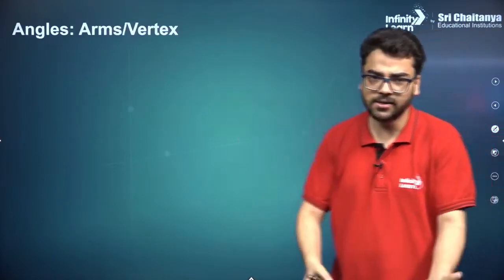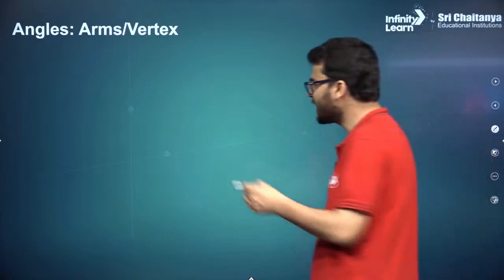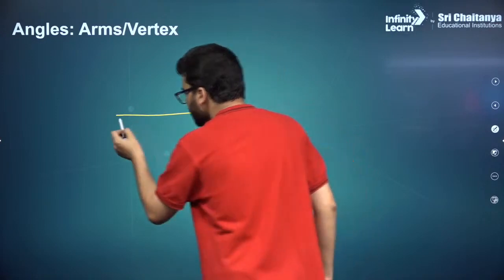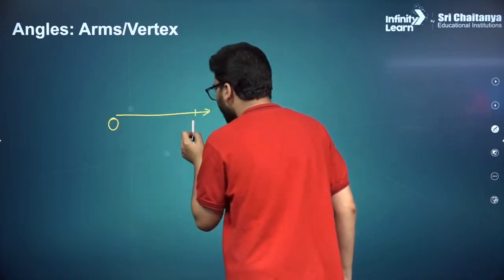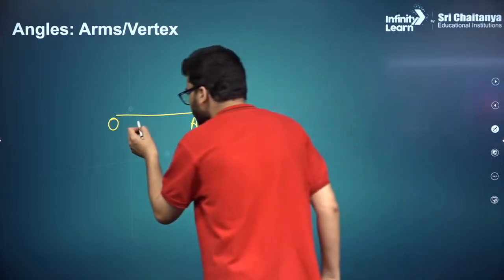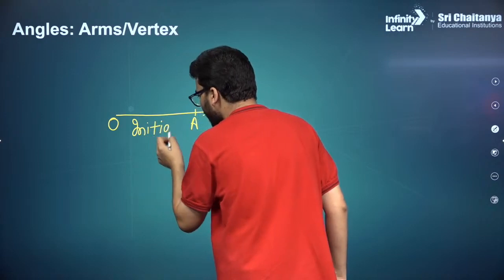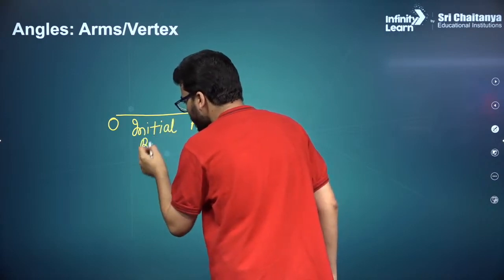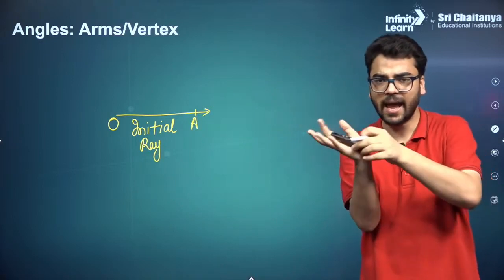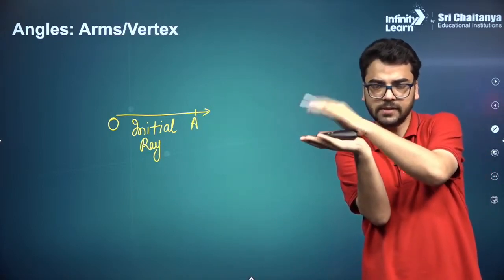Now you have got angles. What is an angle? You must know what an angle is. Basically, if I take a ray over here, suppose this is OA, I've got a ray OA and I'm calling this the initial ray. I've got another ray which is moving like that.